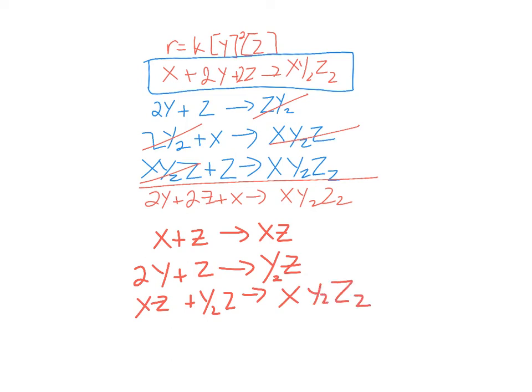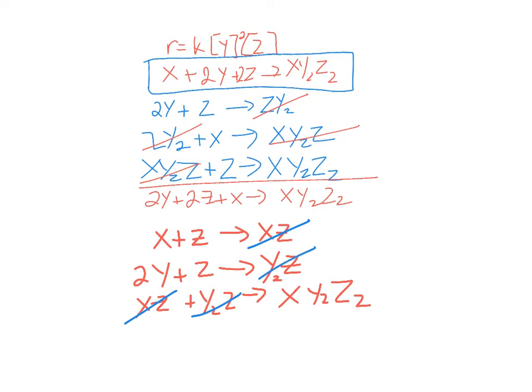This is the reaction mechanism that the book gave us. It doesn't matter that it's different. What matters is what cancels. X and Z will cancel. Y2Z will cancel.